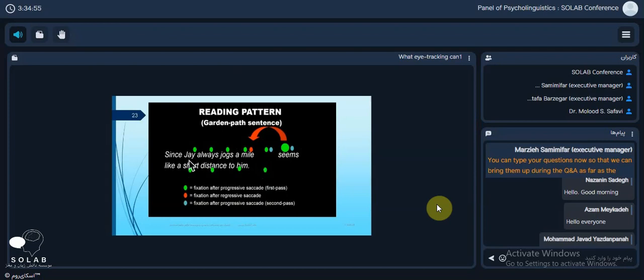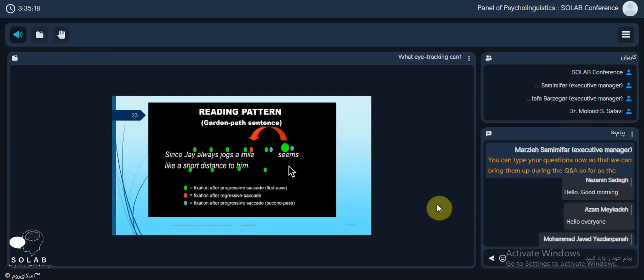But when the reader gets to the word seems, he or she stops and takes more time to process the word seems, and you can see the larger circle.